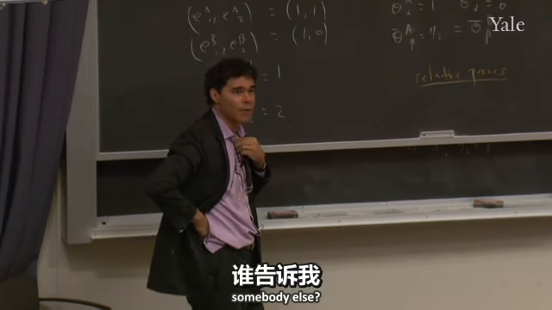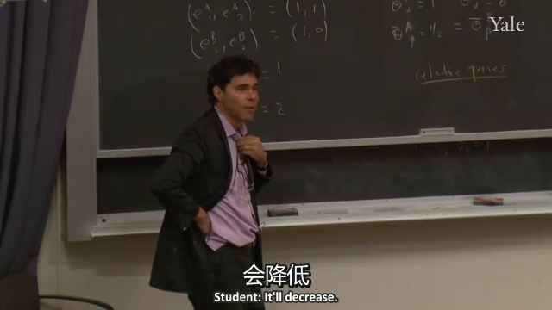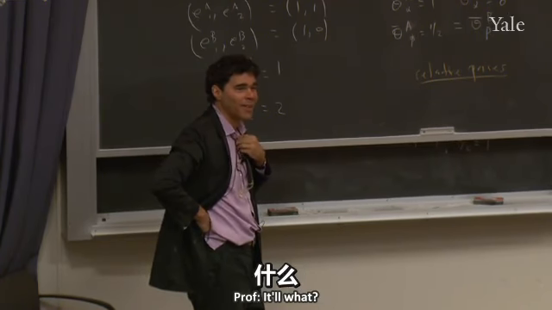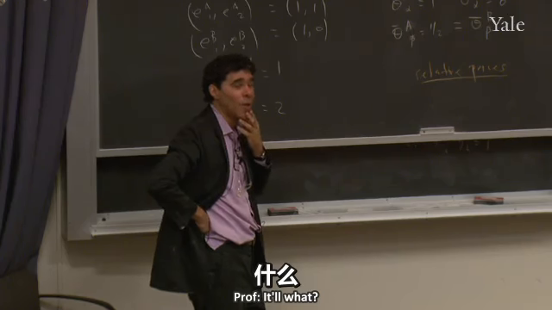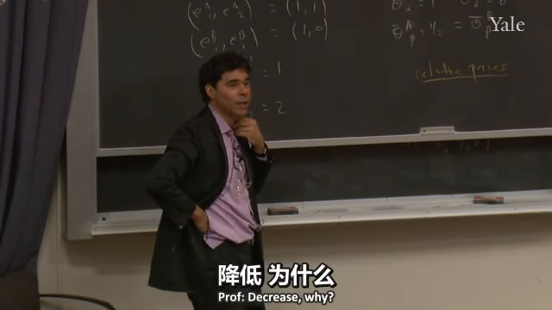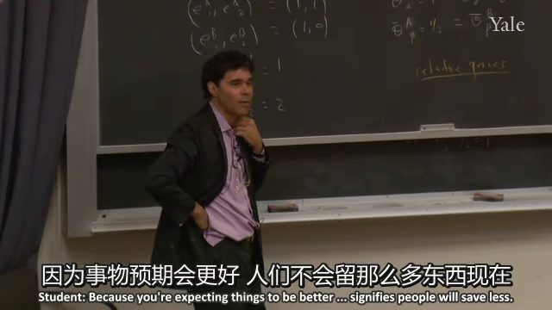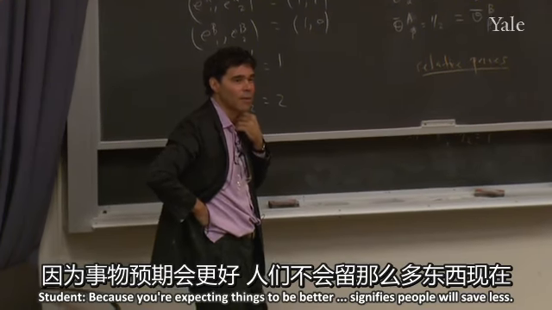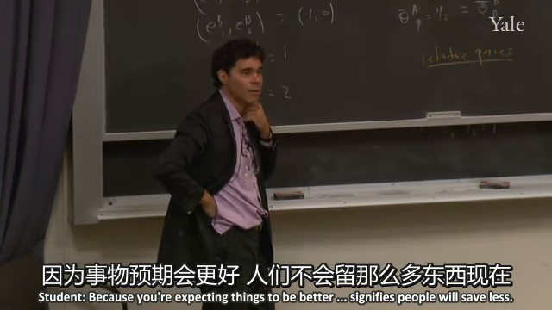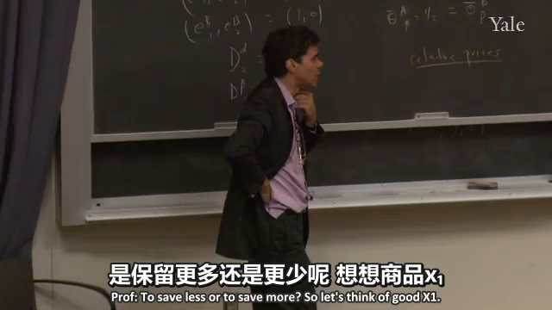Somebody else. It'll what? Decrease. Okay, why? Because you're expecting things to be better in period 2, so you need to incentivize people to save less. To save less or to save more?